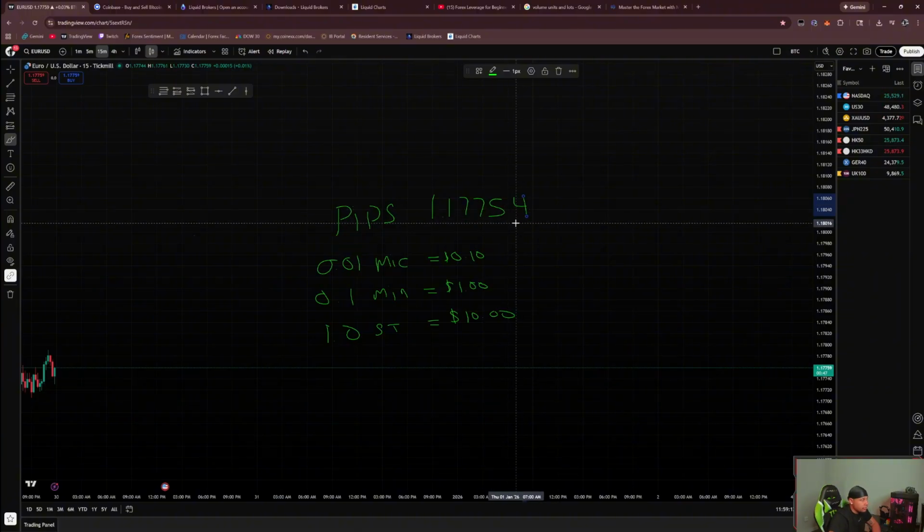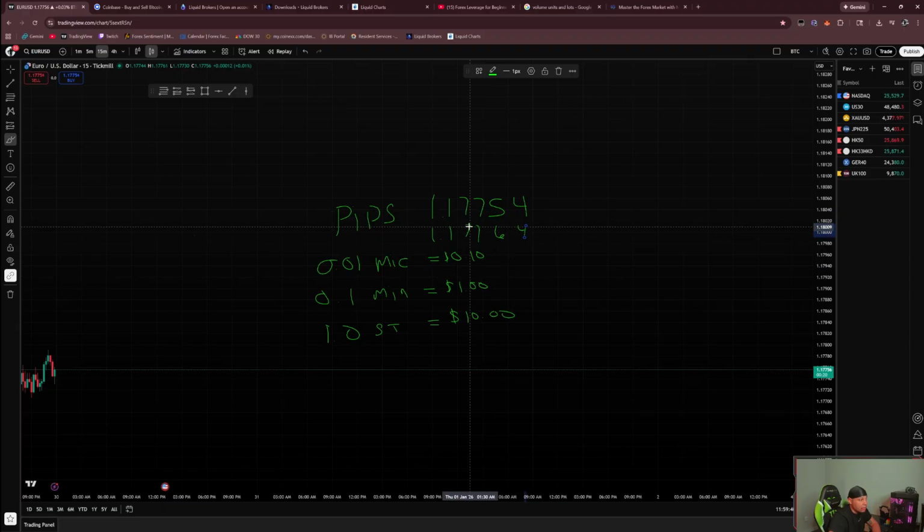So for example, if we're at 1.17754, and let's say we go to 1.17764, that would be considered a pip move of 1. So you only went up 1 pip.